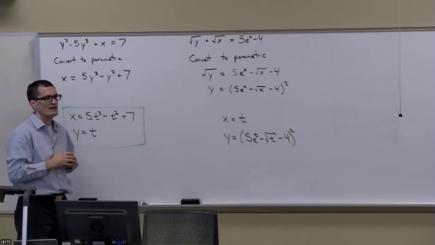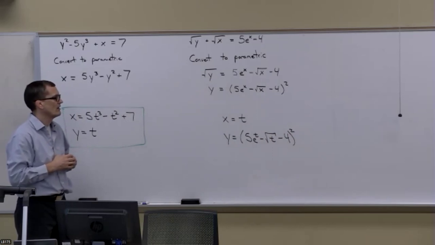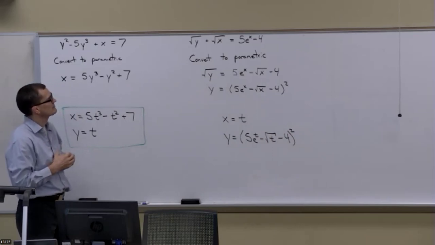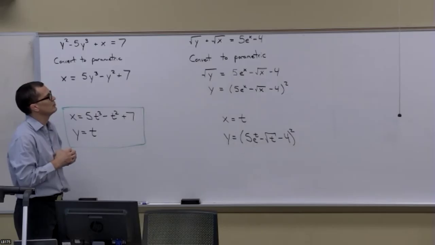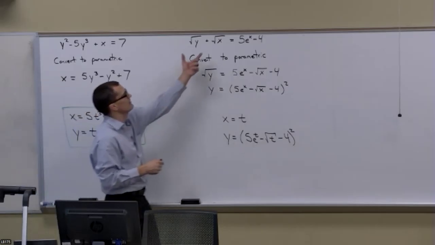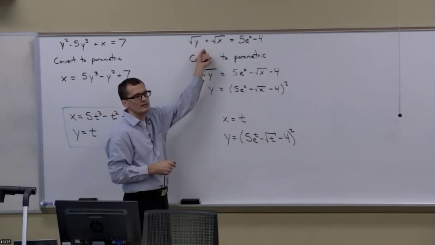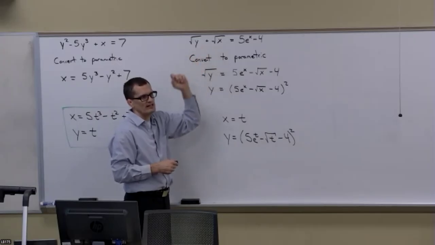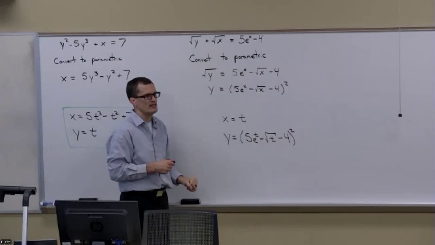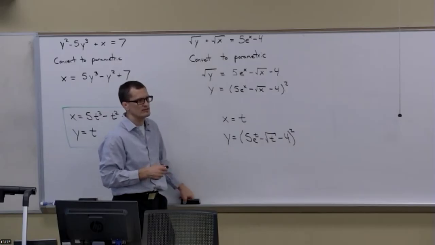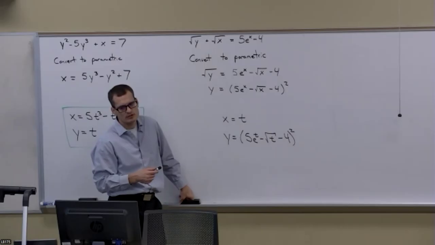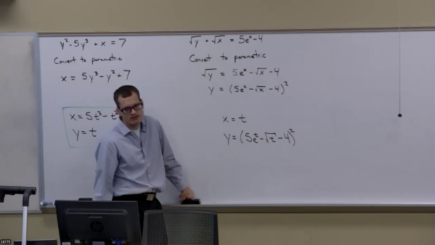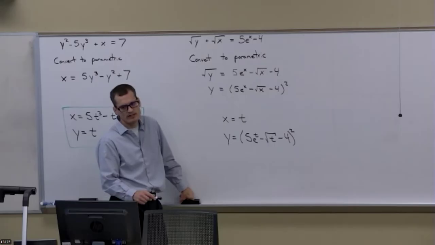Will we be able to square both sides before we subtract the x? You wouldn't want to, because when you square this side, you have a middle term. That would be square root of x times square root of y, and so you have x and y together, and it'd make it more difficult. If you square the left-hand side right now, you can't just square root of y, square it, and then square root of x, square it, because there'd be a middle term.